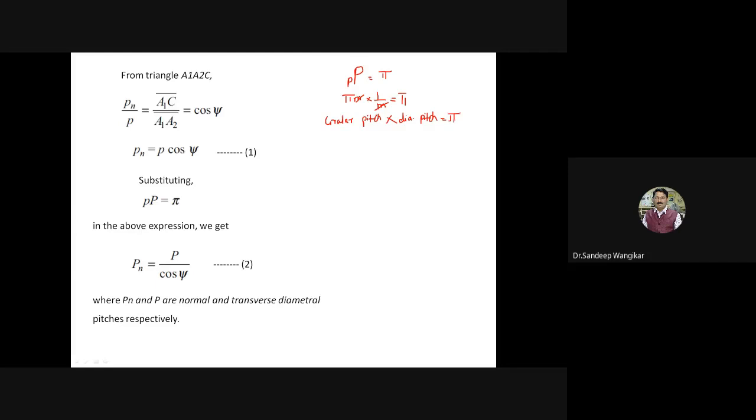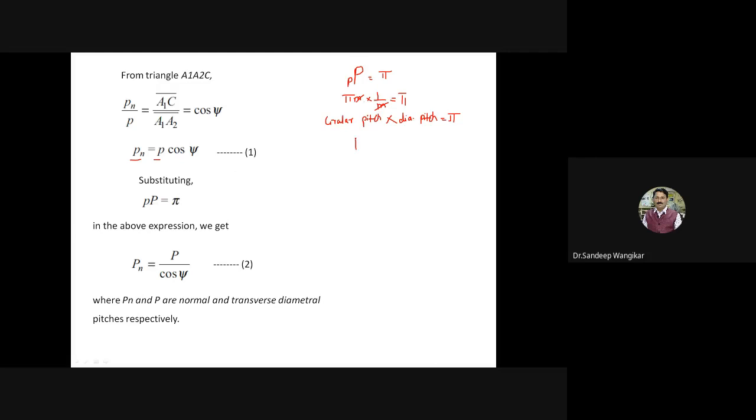Now whatever relations we have, for example this Pn is the circular pitch and this P is also circular pitch: normal circular and transverse circular. I want to express these two in diametral pitch. So I can write here small p into capital P is equal to pi.